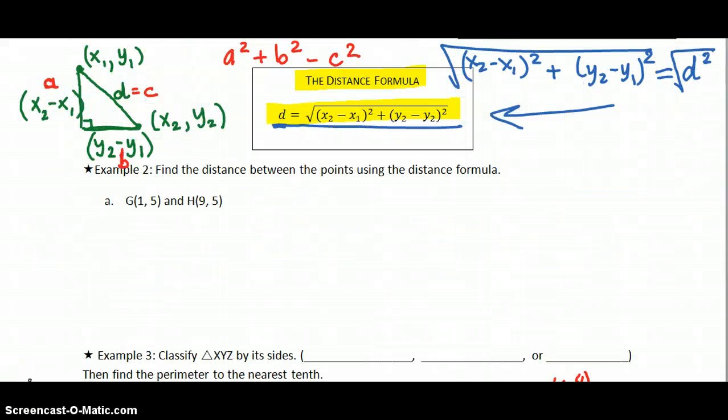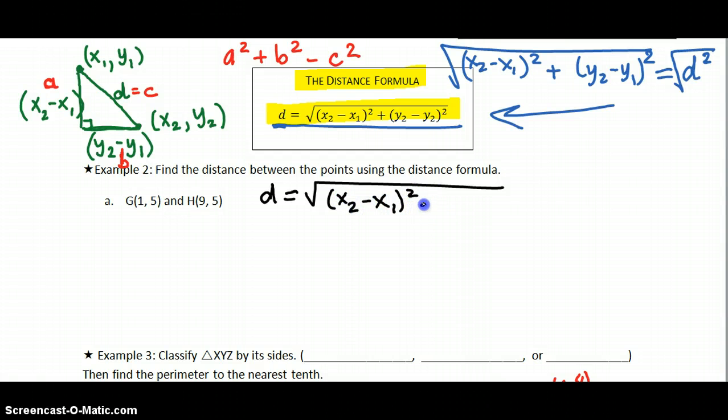Alright, so example 2 says to find the distance between the 2 points using the distance formula. So let's write down our formula. I'm going to subtract my x's and then square that result, plus subtract my y's and square that result. And looking at my 2 points, this is my x and y sub 1, and this will be my x and y sub 2.